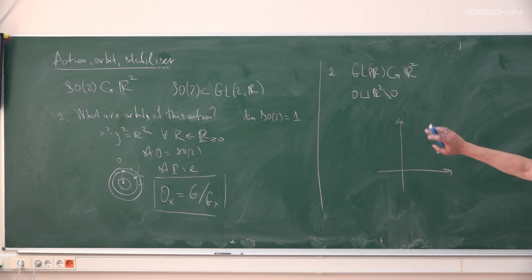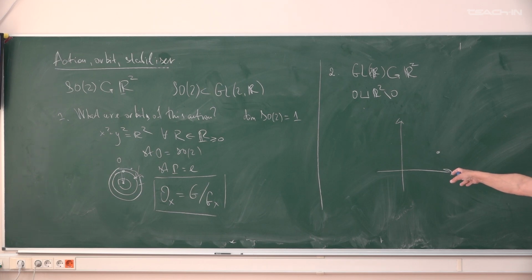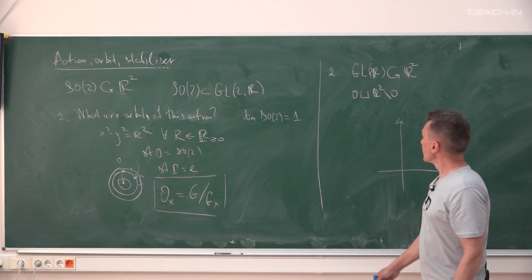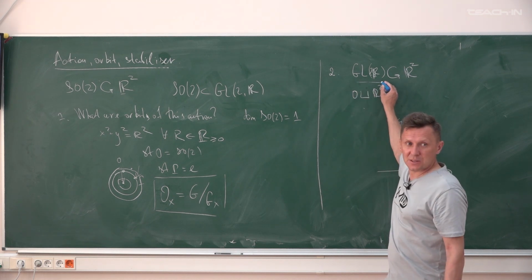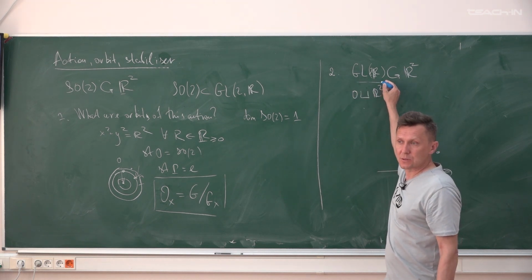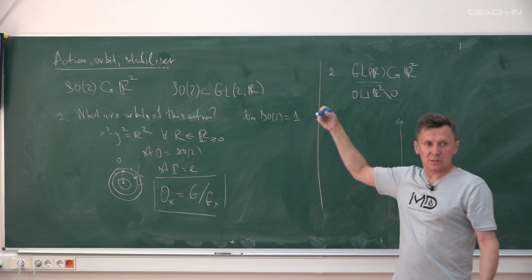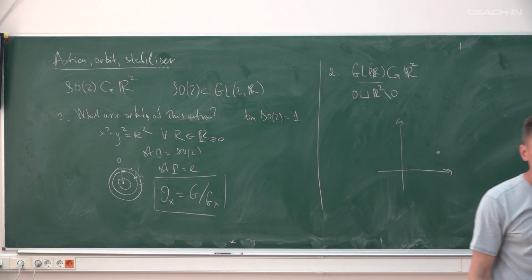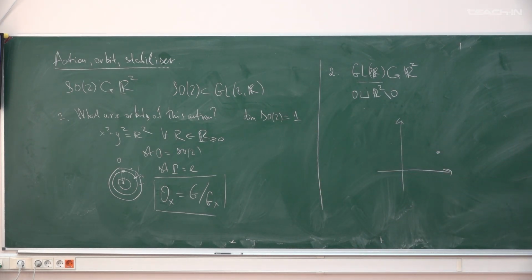No. Now we consider the whole general linear group, the whole group of linear transformations, not only isometries. So now we have a point on a plane. And what is the stabilizer? The stabilizer is the set of transformations which fix the point. But here it depends on the group you consider. In this group, the stabilizer is bigger than in the group of orthogonal matrices.